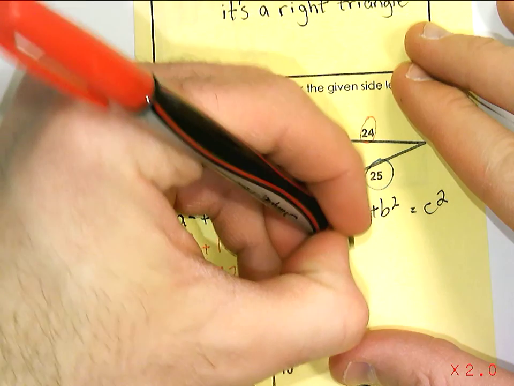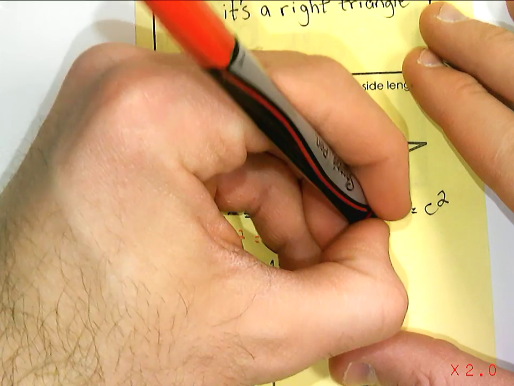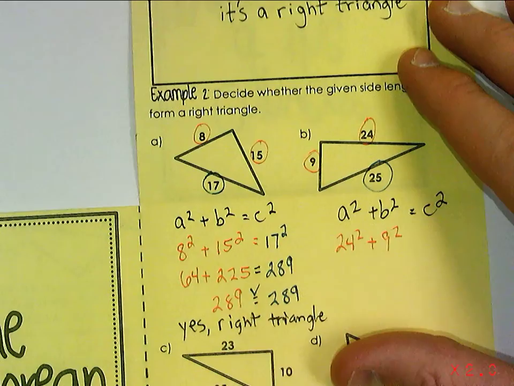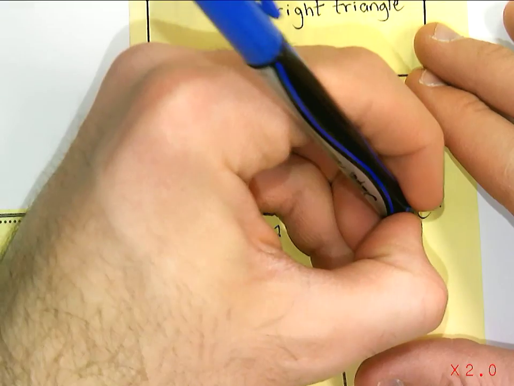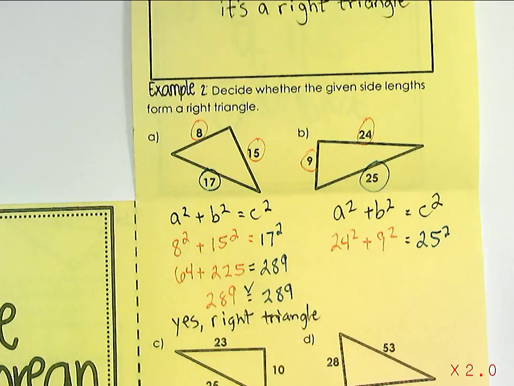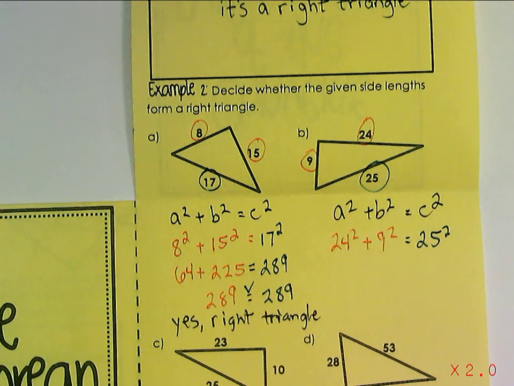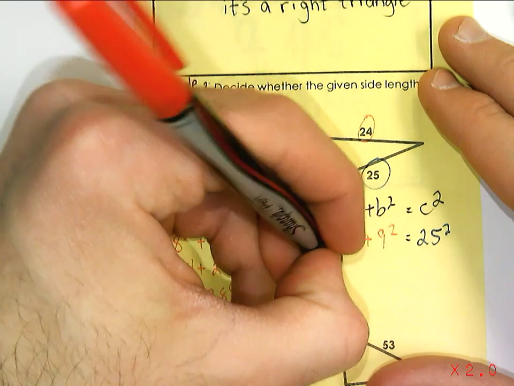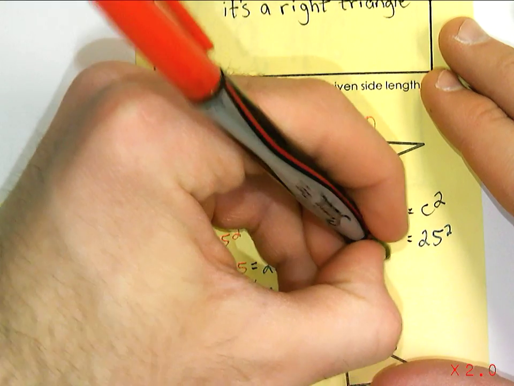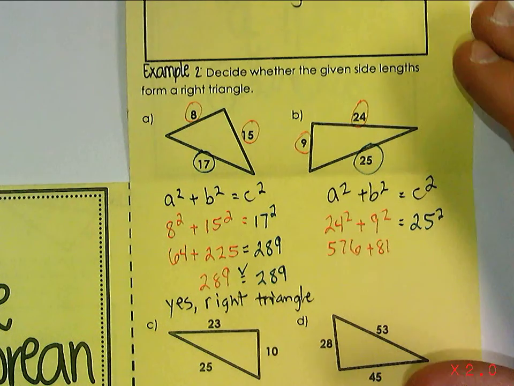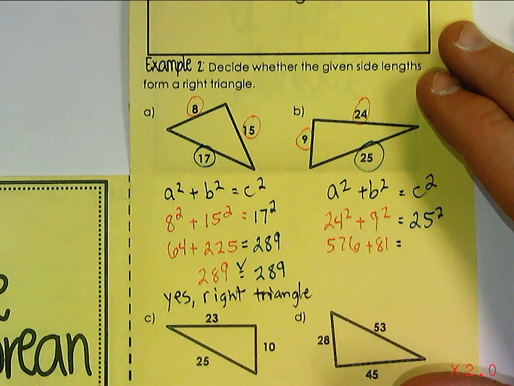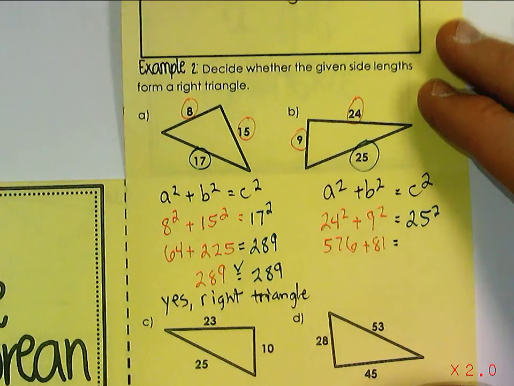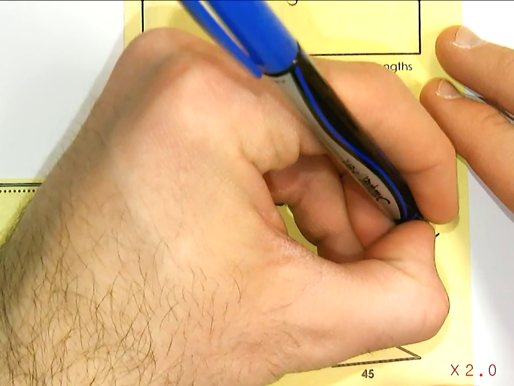So 24 squared plus 9 squared is equal to 25 squared. 24 squared is 576 plus 81, which is 9 squared, and that is equal to, I believe, 625. Yep, 25 squared is 625.